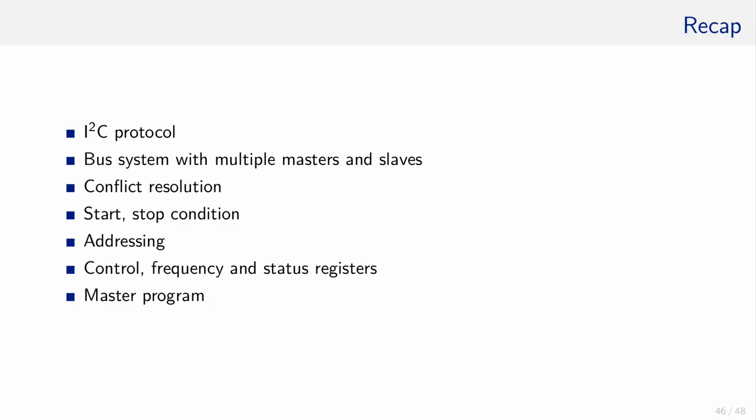If there is a mismatch, another master uses the bus at the same time. We talked about how the bus is reserved using the start condition, how it is released by sending the stop condition, and how the addressing works. Extensively, we talked about the resistors, since the control of the bus system is mainly accomplished in software, and in the end, we wrote a program implementing an I2C master and converted it to a library so that we can use it in other programs easily.